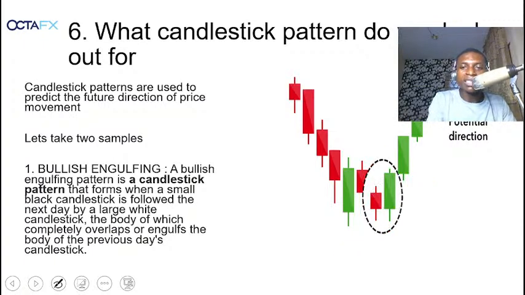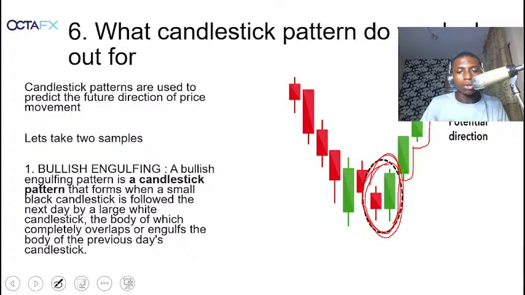Just as you can see, this green candle engulfed the previous candle. Then the market started moving up. So when you spot this engulfing candle, it's a very critical candlestick pattern, especially when it is in the higher time frame, like the daily, the 4 hours, the weekly time frame.